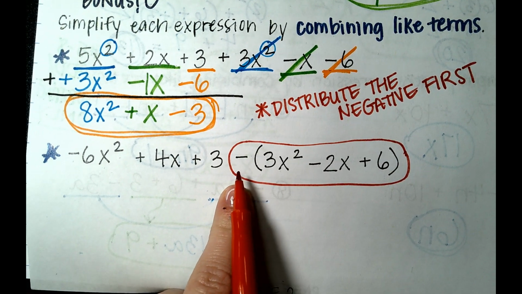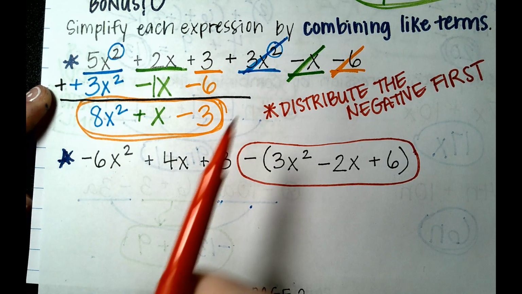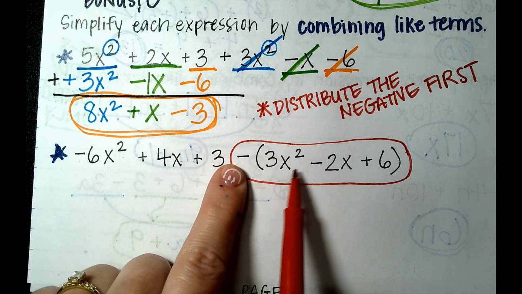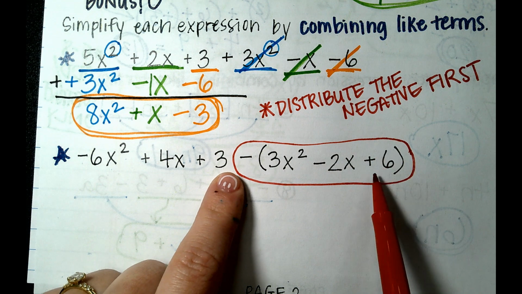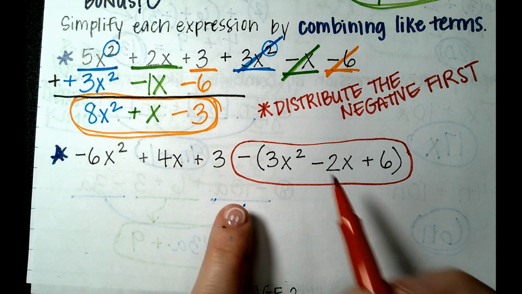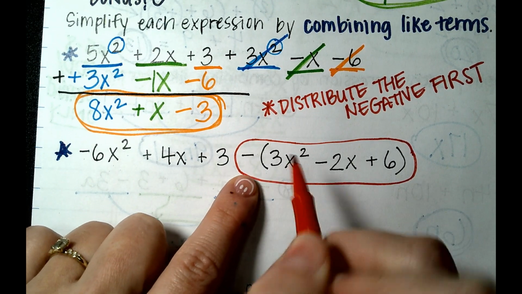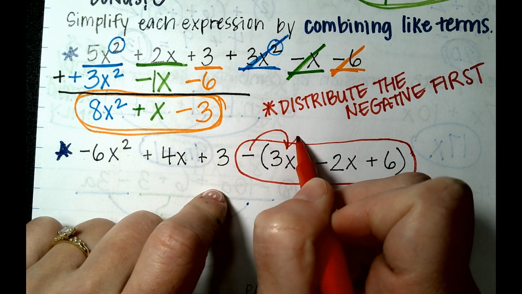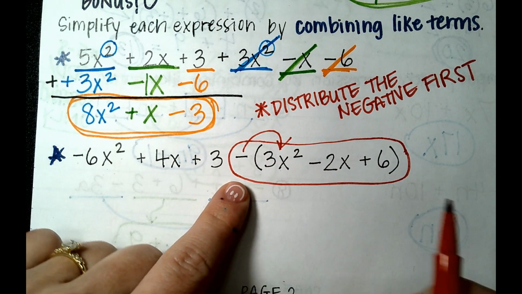All this really means is that instead of adding your like terms, we're saying take this minus 3x squared, minus negative 2x, and minus the positive 6, instead of adding like we did in the other problem. So to make that easier for us, here's what we can do. We can take that minus sign and, like I said, distribute it.